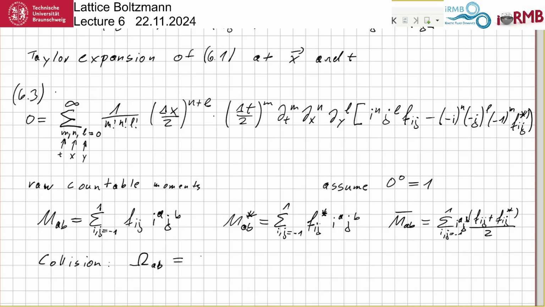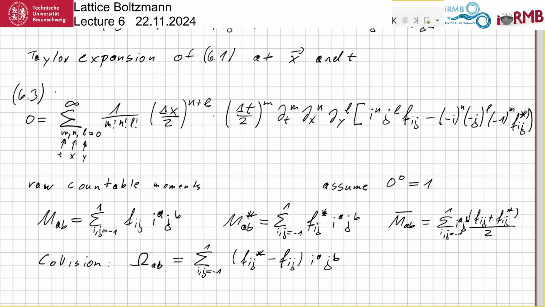Omega_AB we define as also a moment, on the same variables, and instead of the sum, it's the difference between after collision and pre-collision, i to the power of a, j to the power of b. So we replace pre and post collision by the average and the difference.